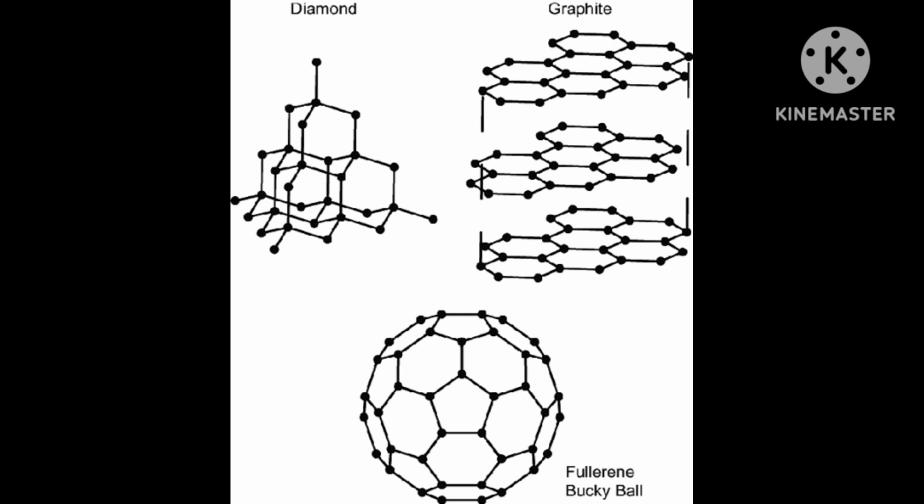After the hydrolysis, if we do condensation, then it will polymerize. And what will it form after the polymerization? Polymerization will take place and it will form a straight chain.